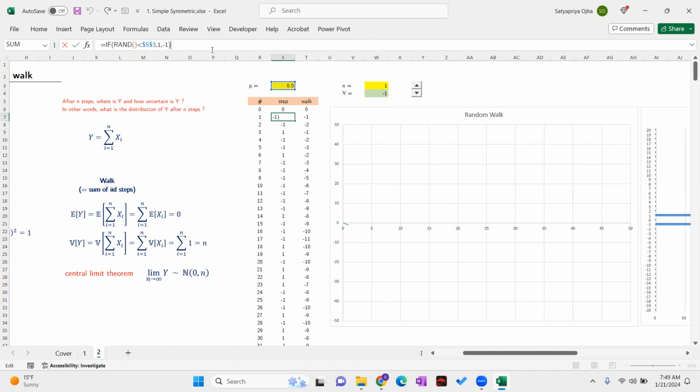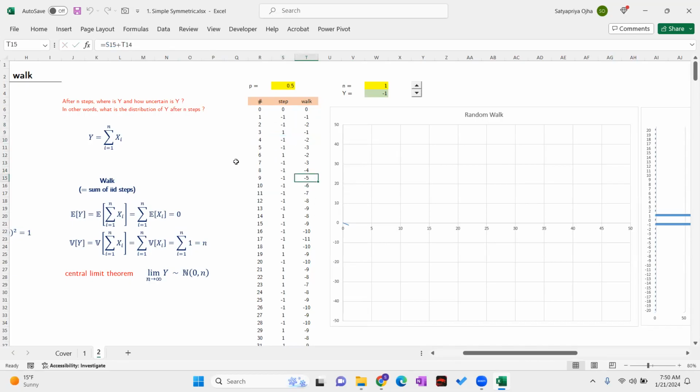If it is higher than P, -1. So they are equally probable. And the walk is nothing but just a running sum of all the steps till that point.